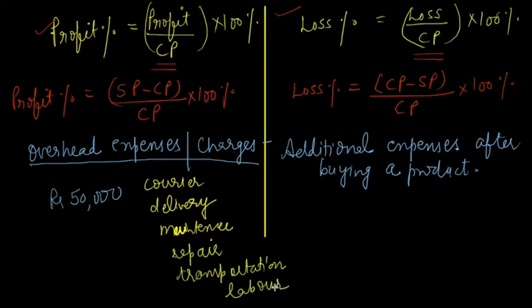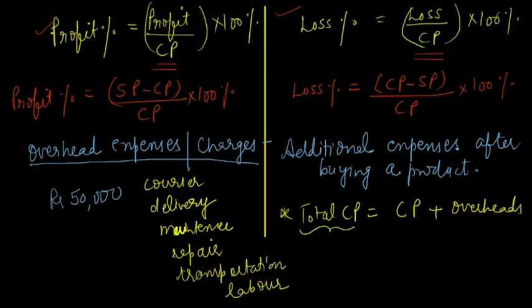So there is a variety. These are basically what happens: we calculate the total CP then. So the table which you have bought for 50,000, we add overheads to this to calculate the total CP. So whenever we do the questions and if we have overhead charges, first we will calculate the total CP by adding those overheads to the given CP, and then we use this total CP to solve the question.